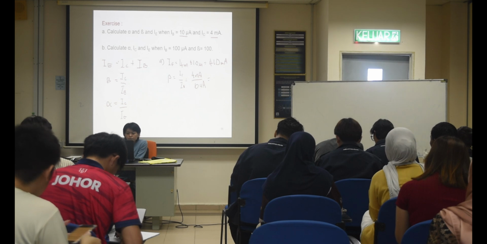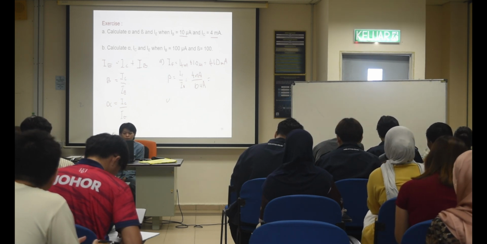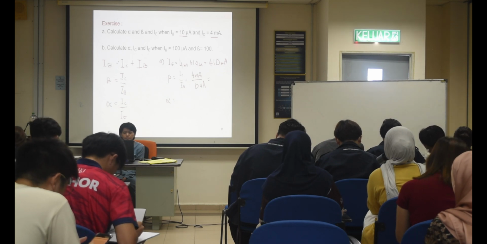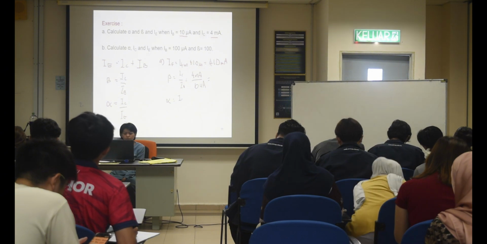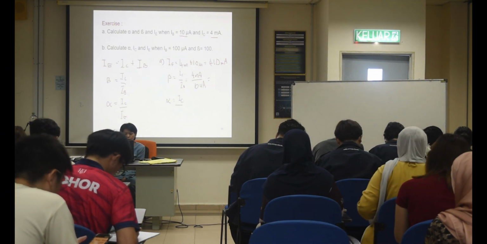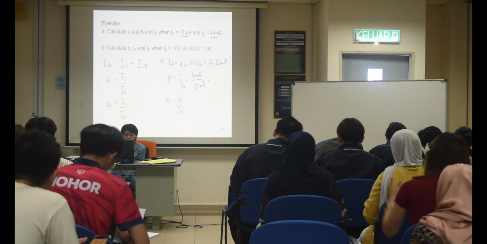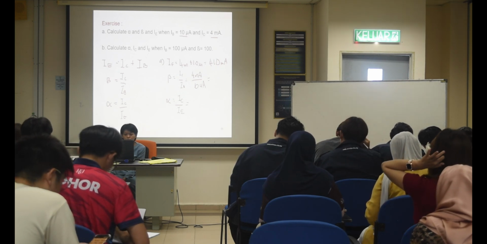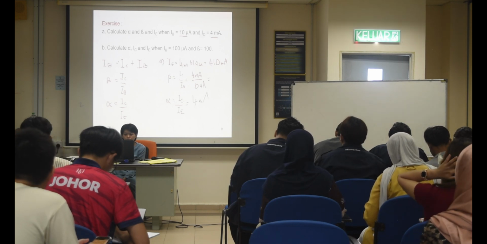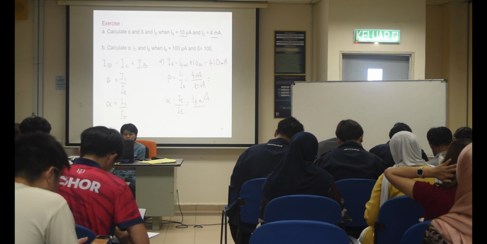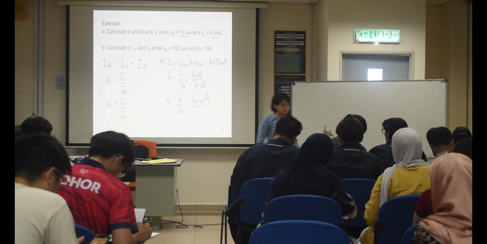You divide, you get how much? 400. Okay, and then alpha, you do IC divided by IE. IC is 4 milliampere. IE is the one you calculated. You put 410.